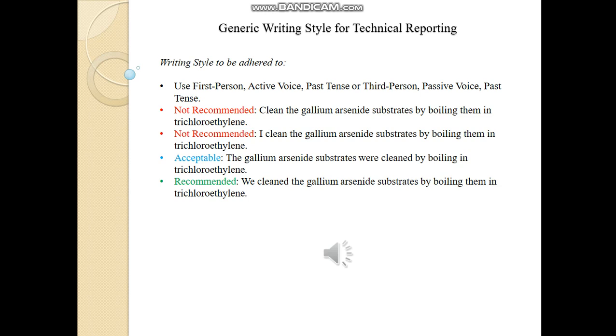So the recommended form of writing style that you will have to adhere to is "We clean the gallium arsenide substrates by boiling them in trichloroethylene."